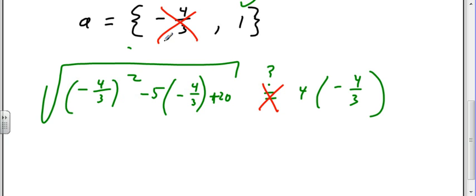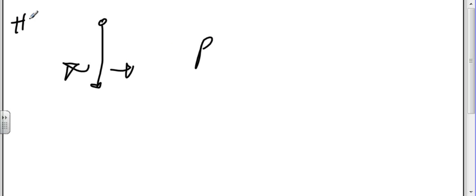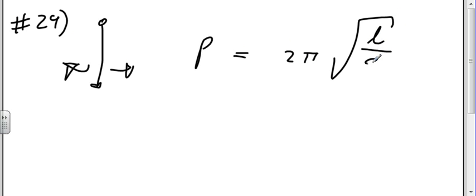Okay, so I got 2 minutes to do problem number 29. Oh, that shouldn't be too bad. So problem number 29 has to do with a pendulum swinging back and forth, boom, boom. And the period of the pendulum is 2 pi times the square root of length over g. Which begs the issue, I've got a grandfather's clock in Council Bluffs, and it's keeping perfect time.